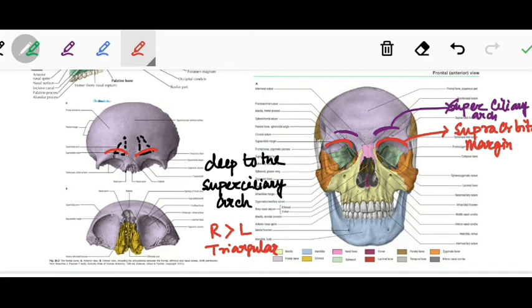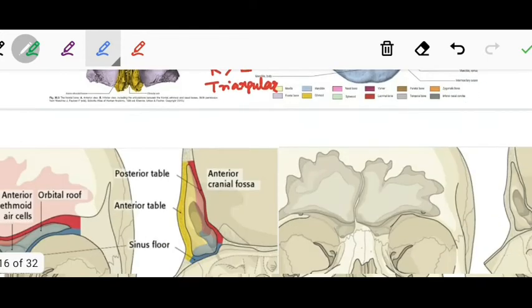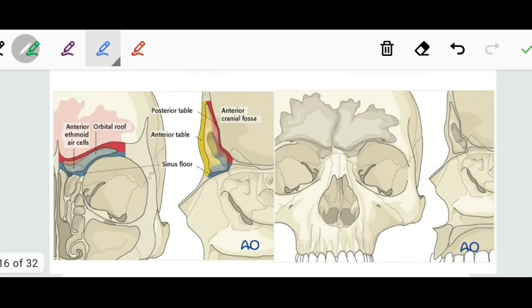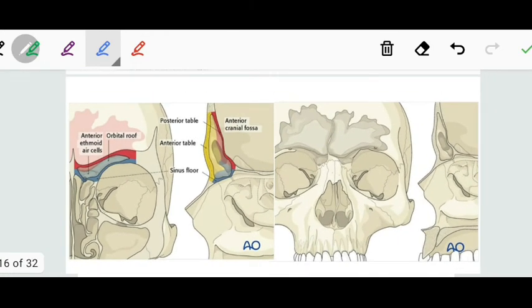And the right and left are separated from each other by a septum, an almost median septum. So if you take a look at the next slide, we can see the outline of the frontal air sinus, which is roughly triangular like this.